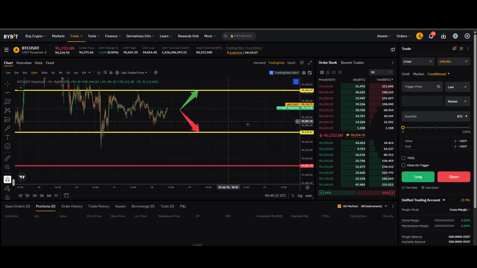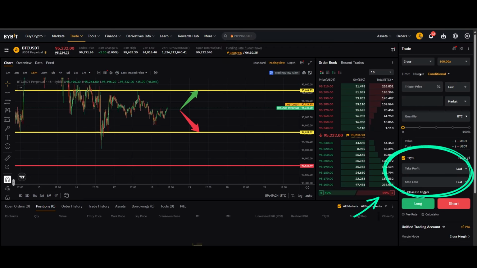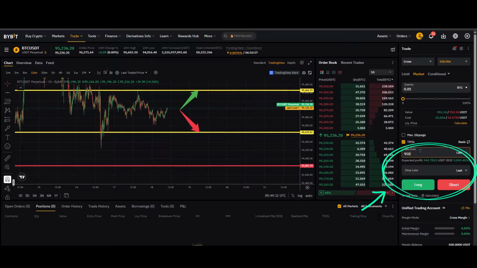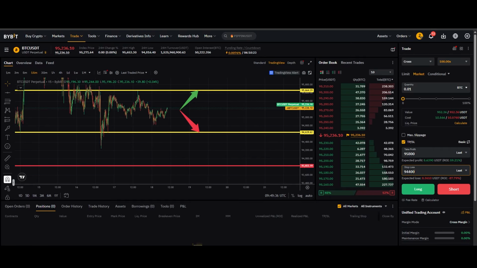Before entering any trade, always set TP and SL. Take profit, stop loss. They automatically lock in gains or limit losses. You'll see exactly how much you can make and how much you can lose. This is not optional, it's mandatory.